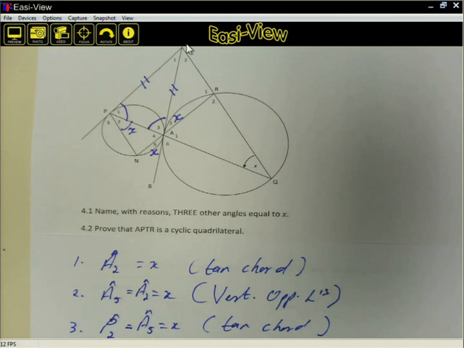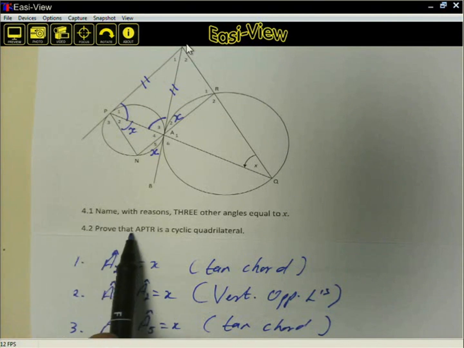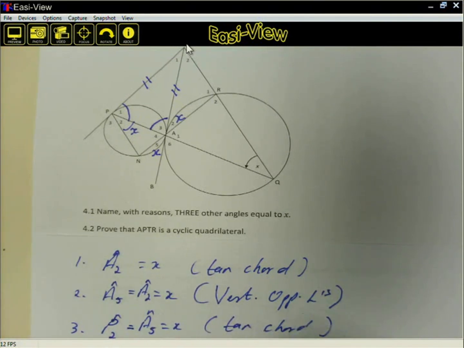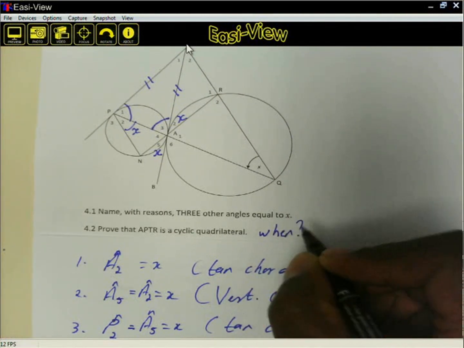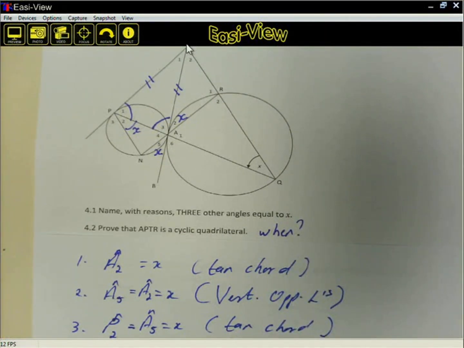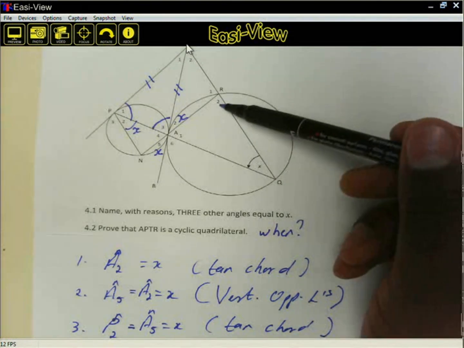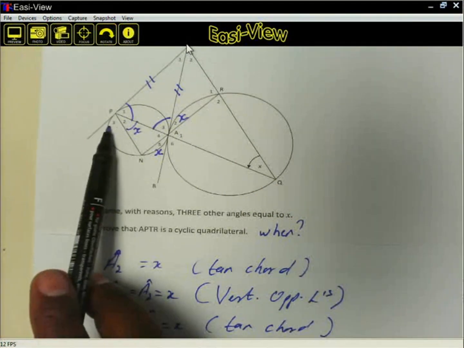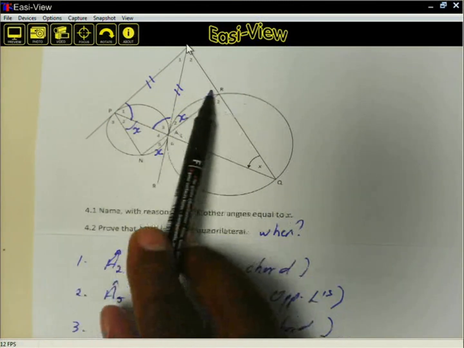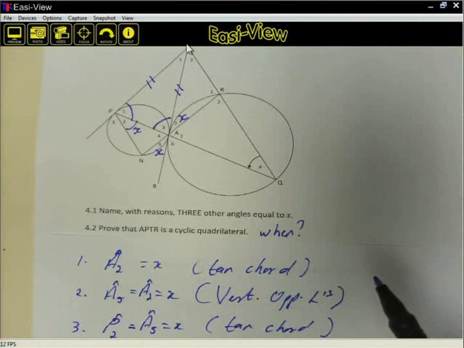For instance, to prove that APTR is a cyclic quad, ask yourself, when will APTR be a cyclic quad? You've got quite a number of possibilities. It can be if R2 equals P1, exterior angle equals interior opposite angle. Or if P3 plus P2 is equal to R1, that is a possibility. Or if R1 plus P1 is equal to 180 degrees.